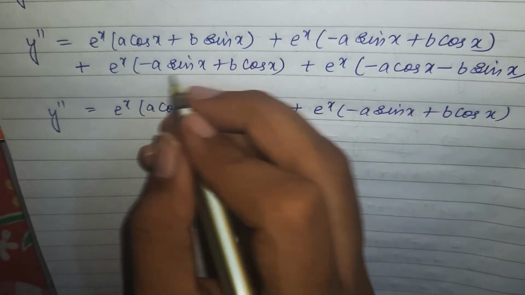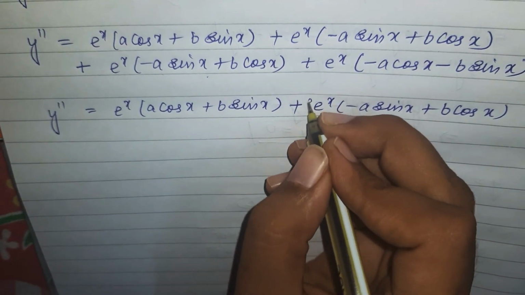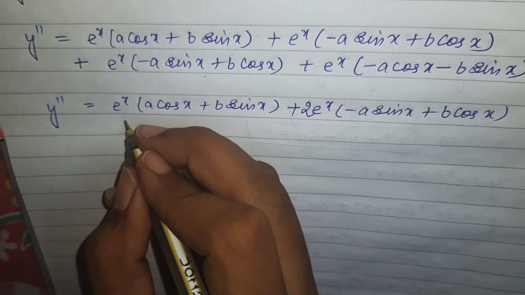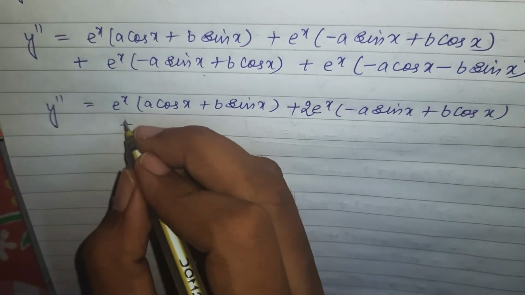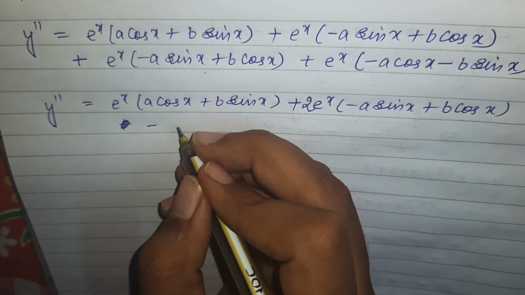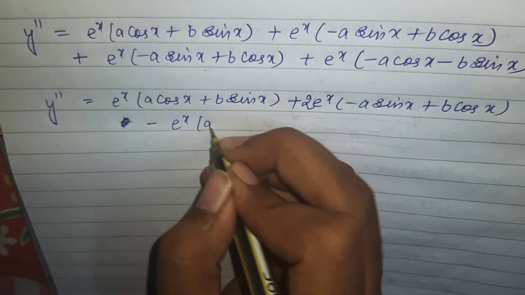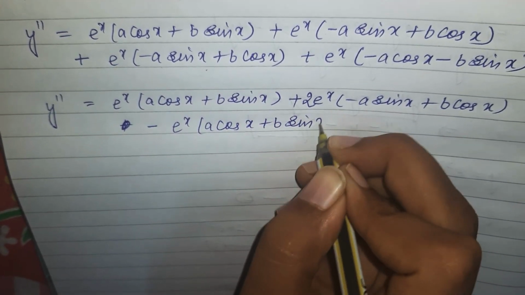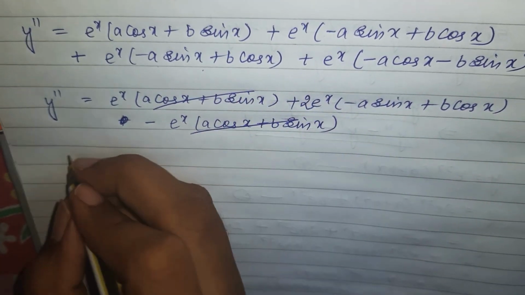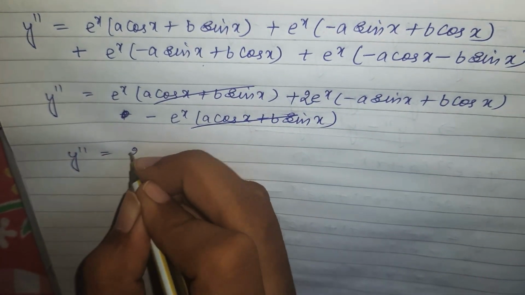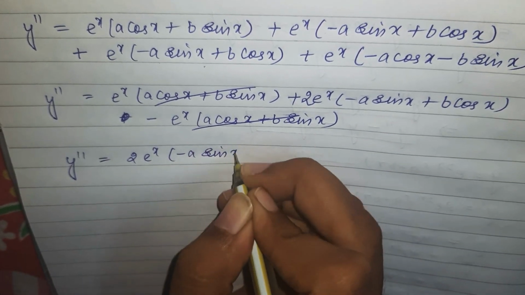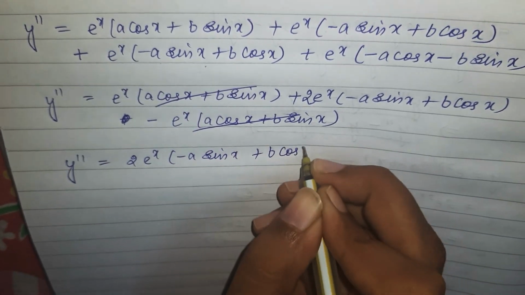Now see, this can be doubled. If I take minus common, this is minus e^x(a cos x plus b sin x). So the first and last term will cancel out. So y double dash is 2e^x(minus a sin x plus b cos x).